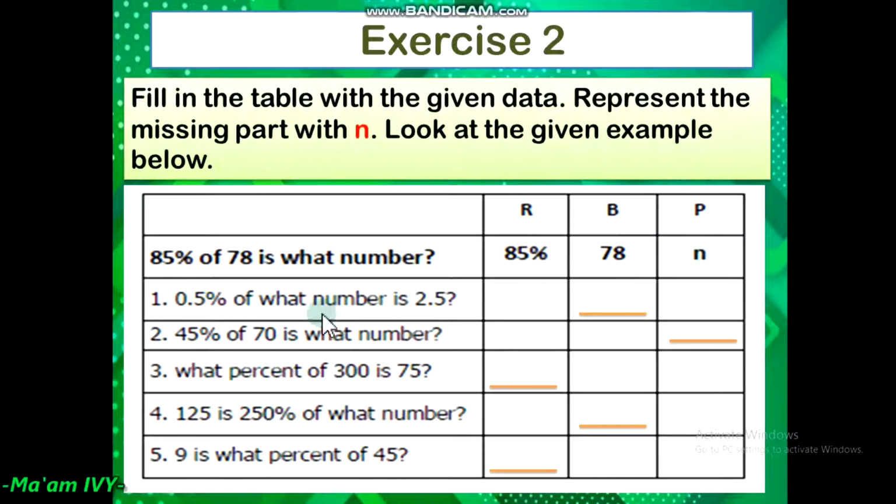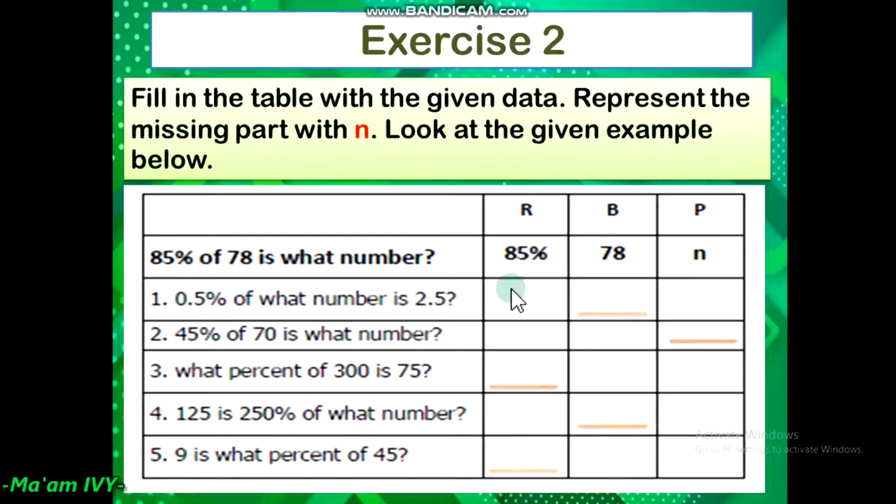So you are going to start answering from number 1 up to number 5. You have the clue, kids. You are going to put small letter N on the lines because they represent the missing part.